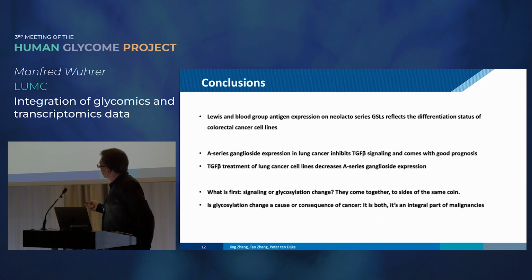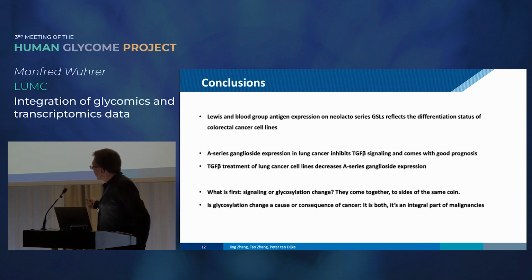So just to rephrase this, the A-series gangliosides are a positive factor in lung cancer. And that means in bad prognosis, bad outcome of patients, those bad tumors have low expression of the gangliosides. On the other hand, TGF-beta treatment of lung cancer cell lines decreases A-series ganglioside expression.